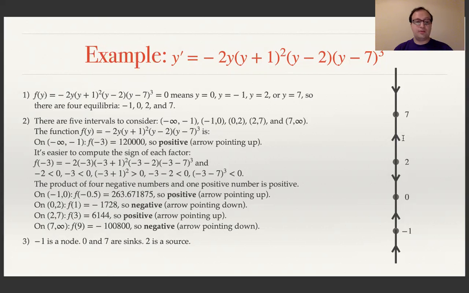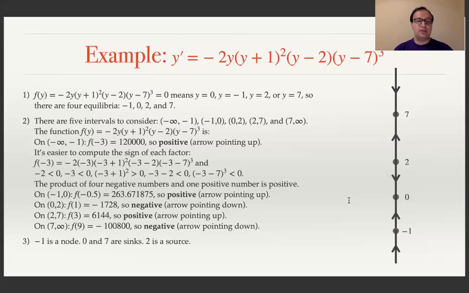On the fourth interval, we had a positive value, so we had an upward arrow. And on the last interval, we again had a negative value, so again we had a downward arrow. This really concludes the phase diagram.